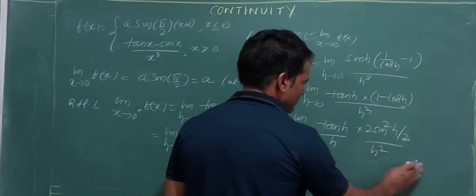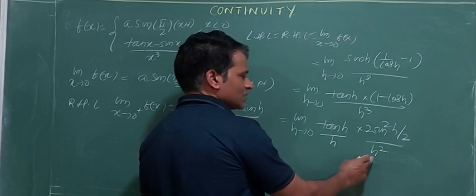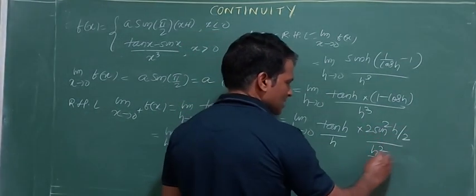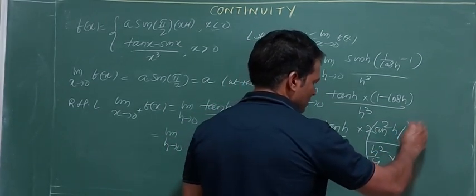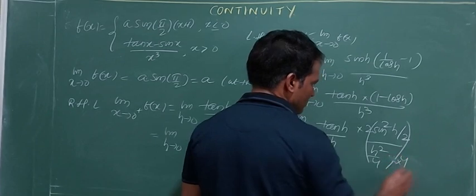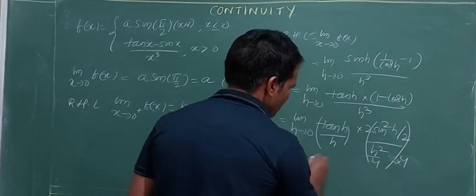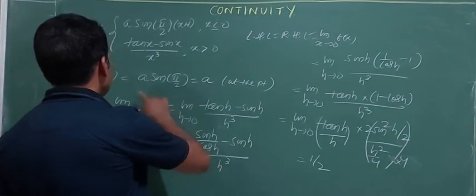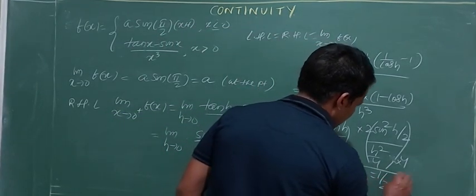I gave tan h by h, that becomes 1. I give h square here, but h square will not work because of sin square h by 2, so (h by 2) whole square by 4 into 4. This becomes 1. This is 2 by 4, 1 by 2. So I got at the point a, so a equals 1 by 2.